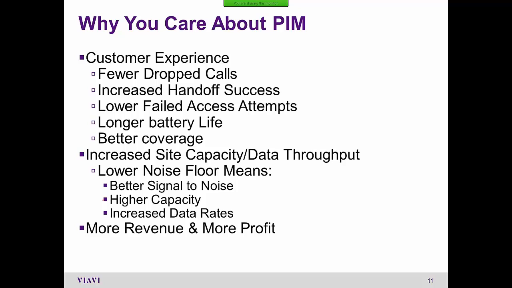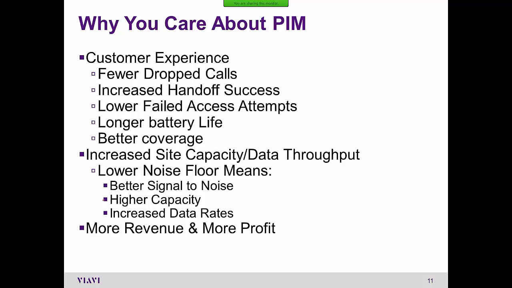They have the capacity to transmit and do a handoff in low signal areas better because the noise floor is lower. The phone battery life lasts longer, so users at the edge of a cell aren't killing their battery in short order. And the coverage is operating as it was designed, so you have better coverage. As the noise floor comes up because of PIM, the actual cell shrinks.